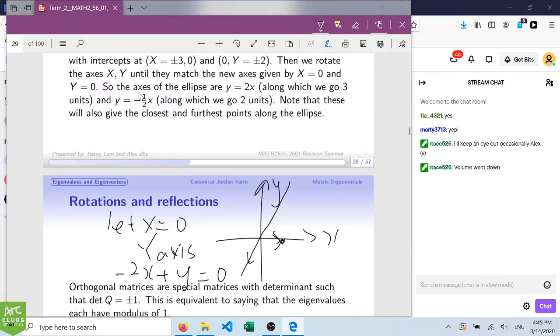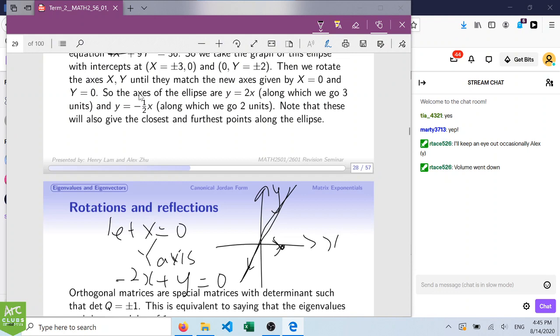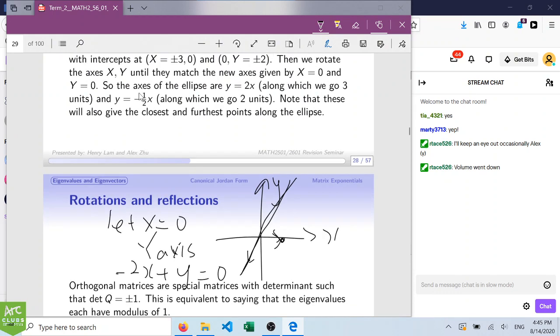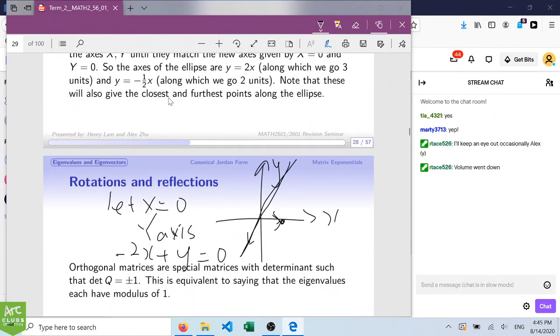So pretty much we can interpret the direction of this as y equals 2x over here, and the other direction we just apply a similar thing, and it's going to be perpendicular, so it's going to be over here. Actually it's going to be negative, so let me just double check.